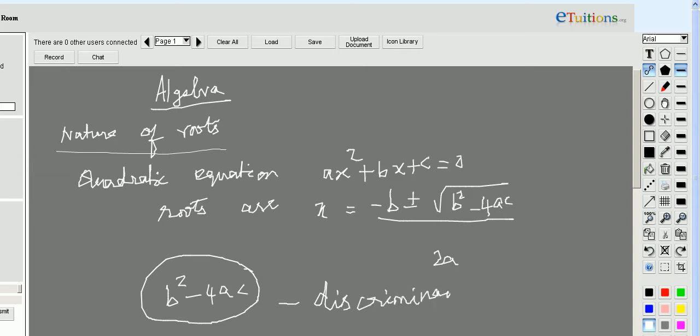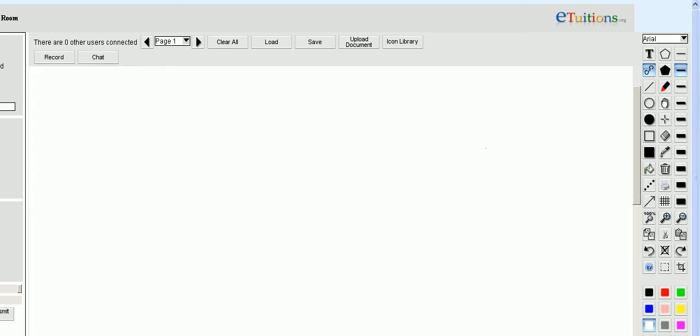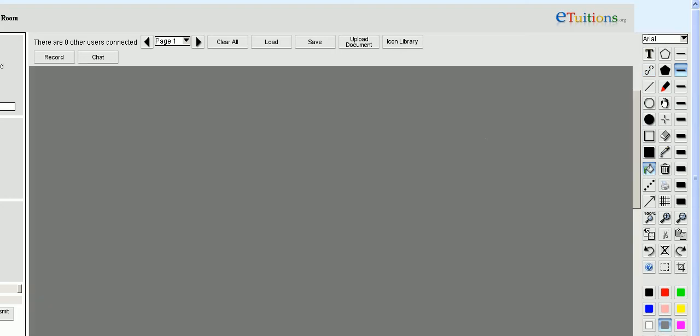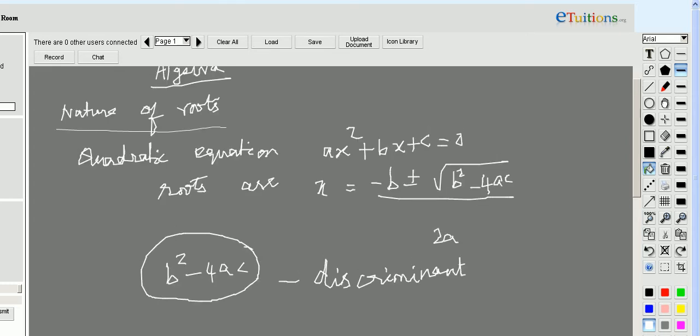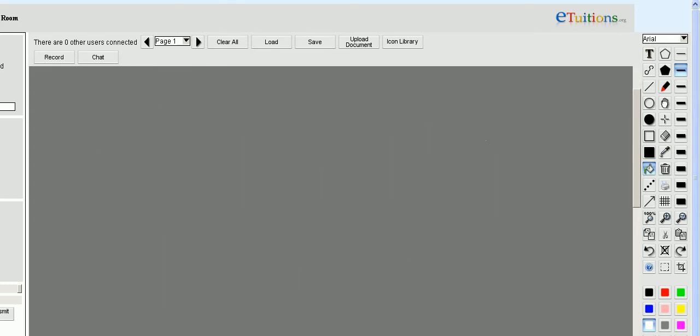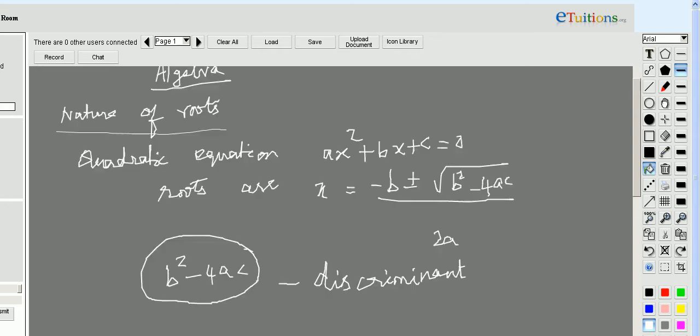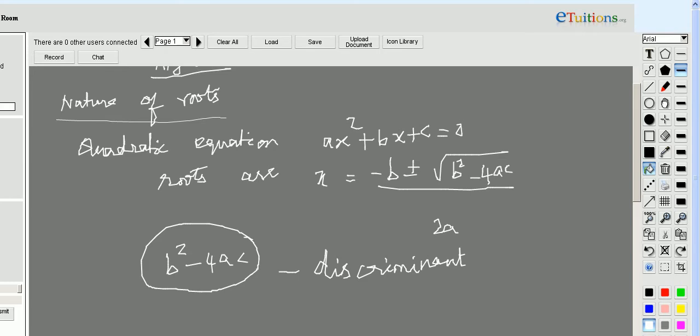It is called the discriminant of the quadratic equation. So depending upon this discriminant we can find out the nature of the roots of the equation.